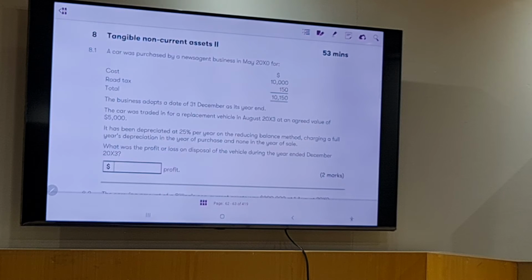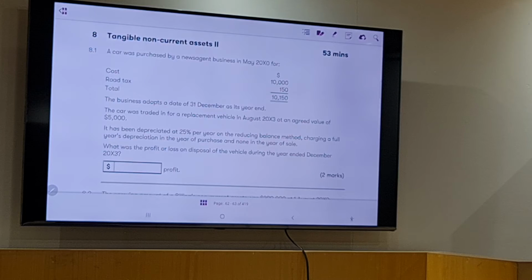Then, what is the depreciation policy? 25 percent on what method? Reducing balance method. And can you read the last line in that paragraph? Charging a full year's depreciation in the year of purchase and none in the year of sale.